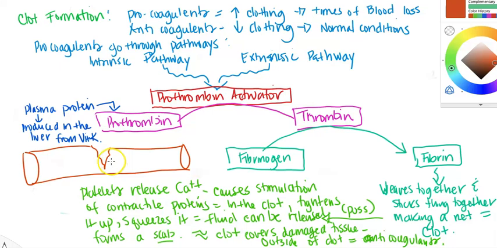So we have our damaged tissue there, and we have the clot here. And it kind of comes from this area here where all the chemicals came from. So this is the damaged area. Here's the clot. And then the area in here, we've got anticoagulants still being secreted, where procoagulants are going on with the clot.